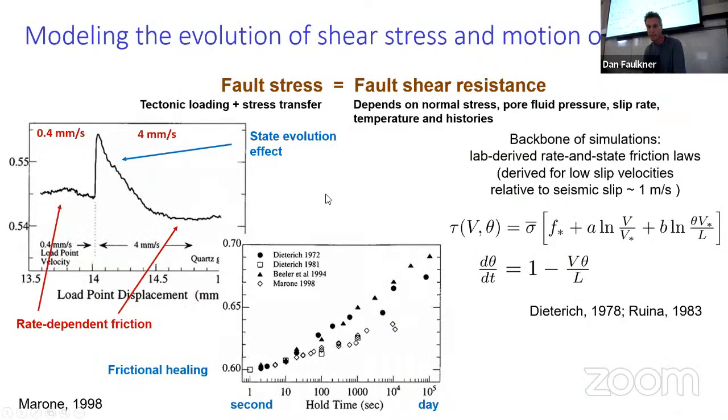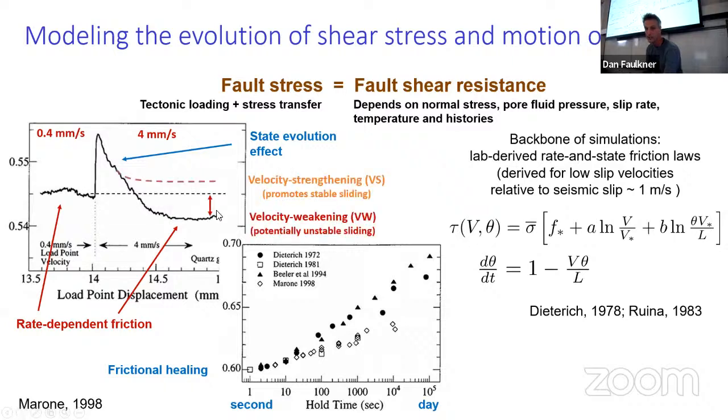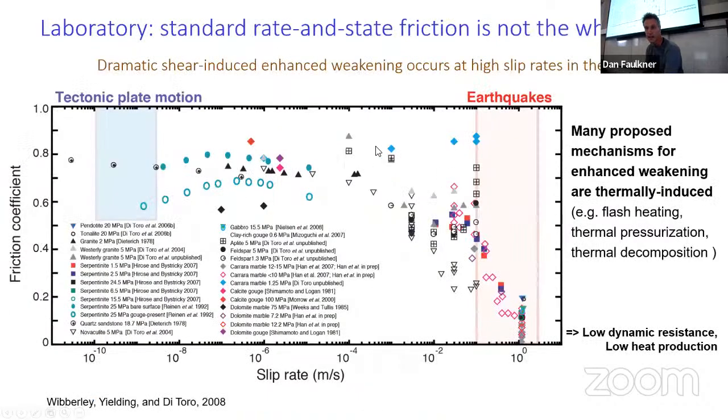Okay. So here's rate and state friction again. This is just what goes into the model. I won't dwell very long on this slide. So velocity weakening and velocity strengthening type of behavior that we talked about before. And an extra thing that is built into these models, because they're big earthquakes, the slip velocity on the faults reaches quite high levels.